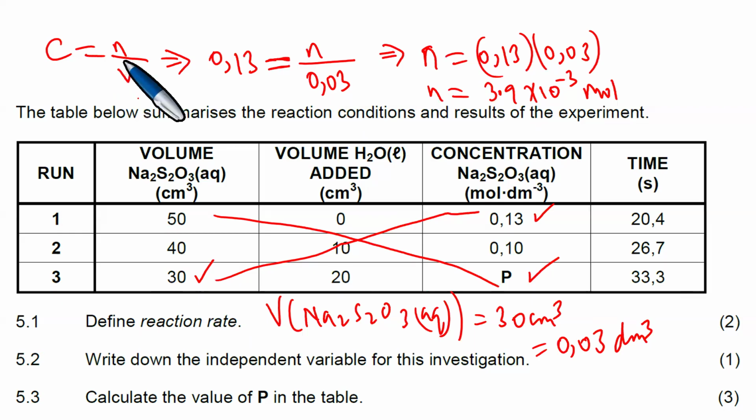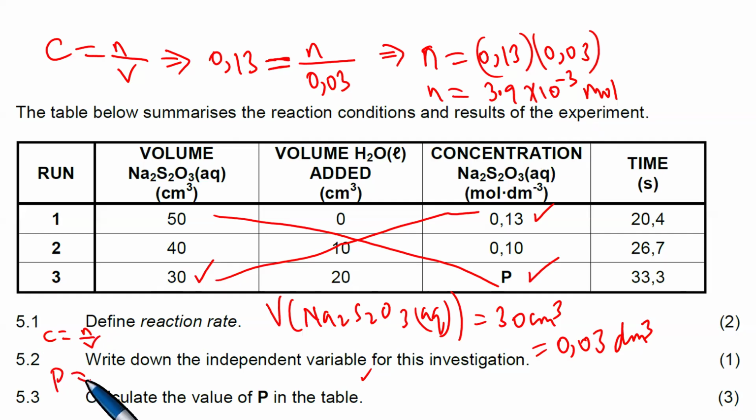Using concentration equals number of moles over volume, it is 3.9 times 10 to the minus 3. Then, because we need the value of P, we use the fact that concentration is number of moles over volume.